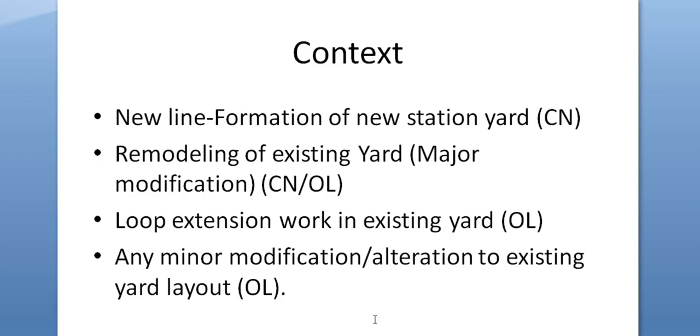And the remodeling of an existing yard. Suppose you have an existing yard that is to be remodeled. For example, we have a single line section and now we go for a double line section. Then the station yard necessarily has to be modified, because there we have a double line, up line and down line.